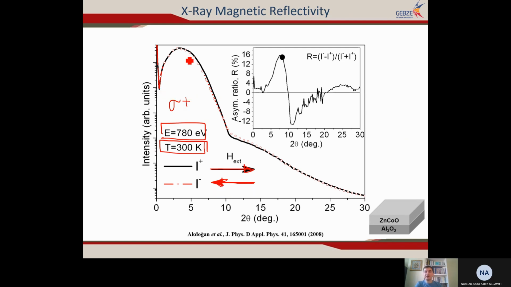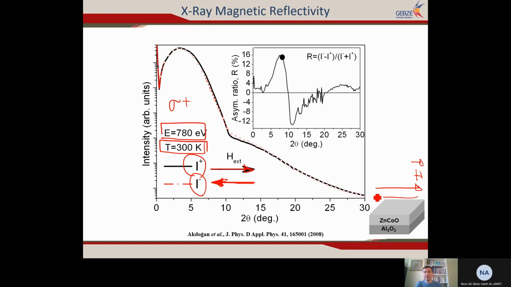And these are the two reflectivity curves here. You see, here we have a black solid line, and here we also have red open circles, which are showing two reflectivity curves taken for different conditions. Okay, black one is taken with the magnetic field in the right direction, let's say.